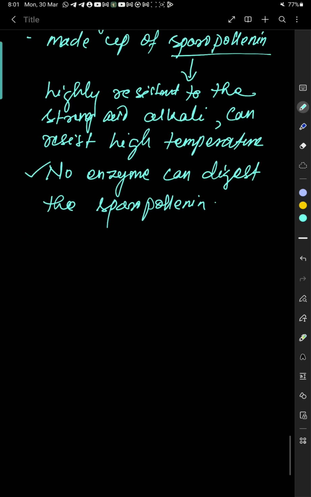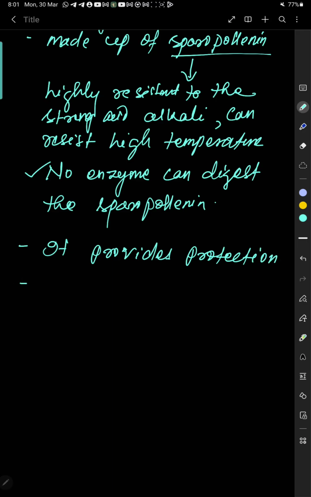Now next is the function of exine. It provides protection to the pollen grain.